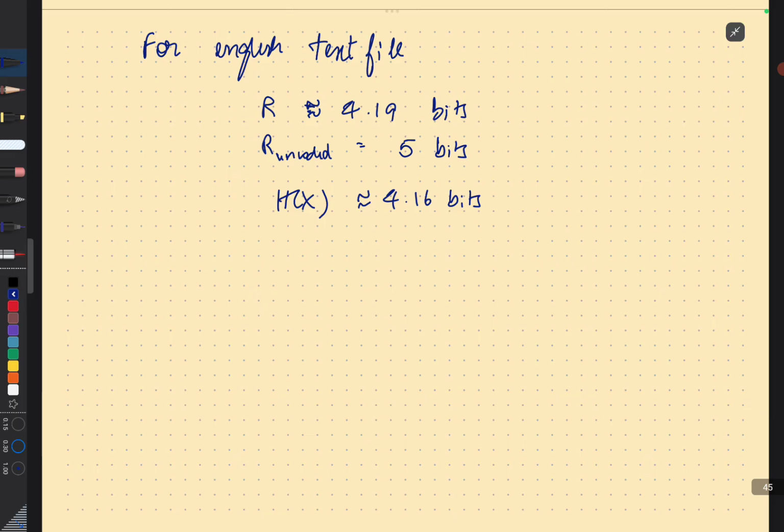If I try to design a Huffman code for this block, then what I would get would be close to the joint entropy of x1, x2 divided by 2, which can be obtained by computing the empirical frequencies of pairs of symbols.